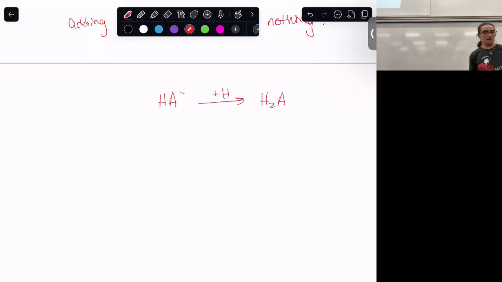If we're adding a proton, this would be the conjugate acid.